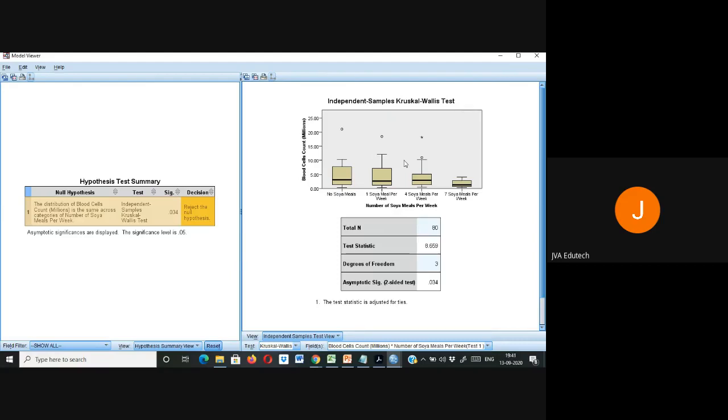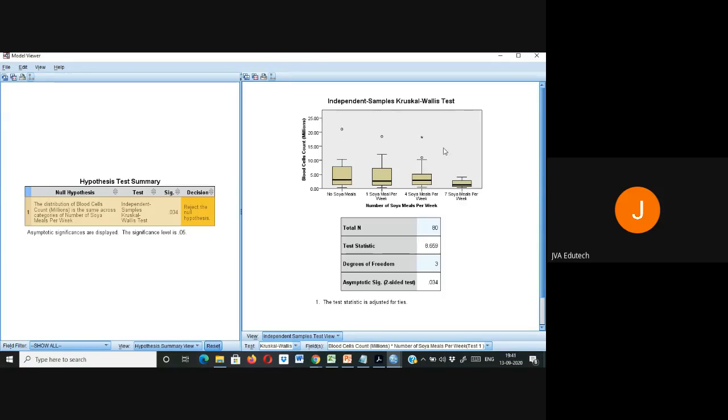If you see this box plot, you will find there are some outliers, because these circles and this asterisk lie above the top whisker. This is the top whisker and this is the lower whisker.